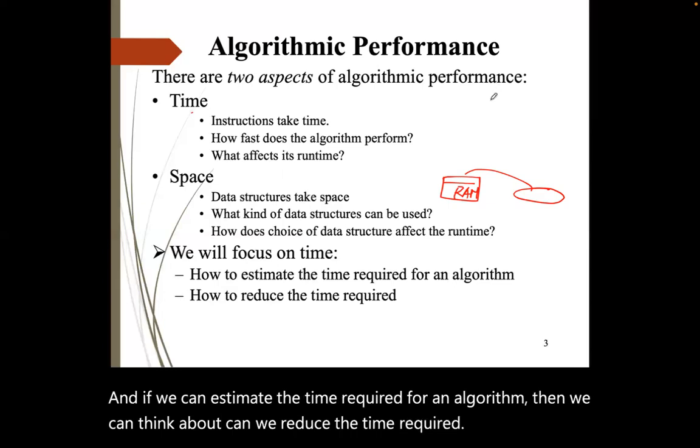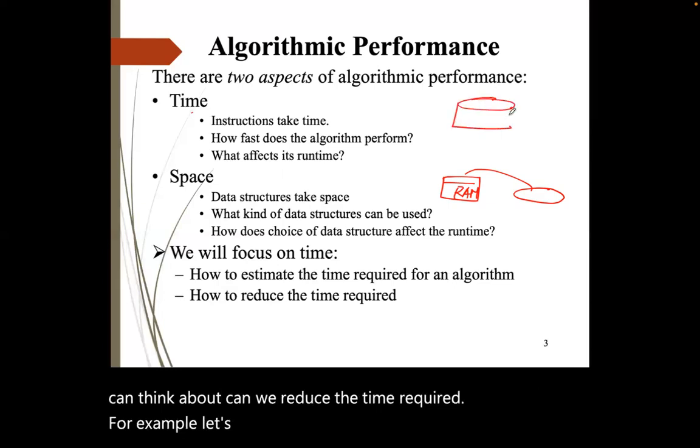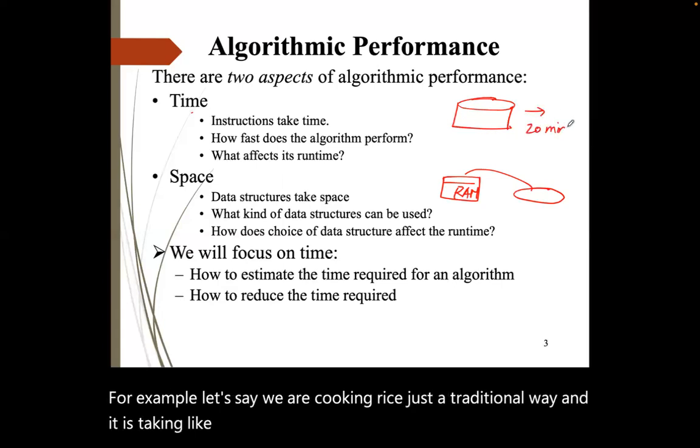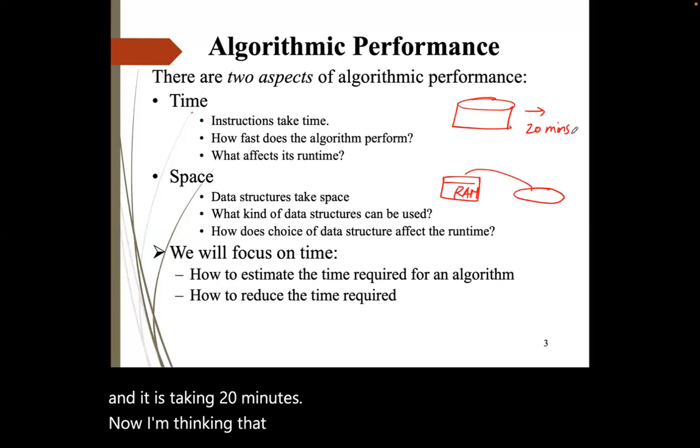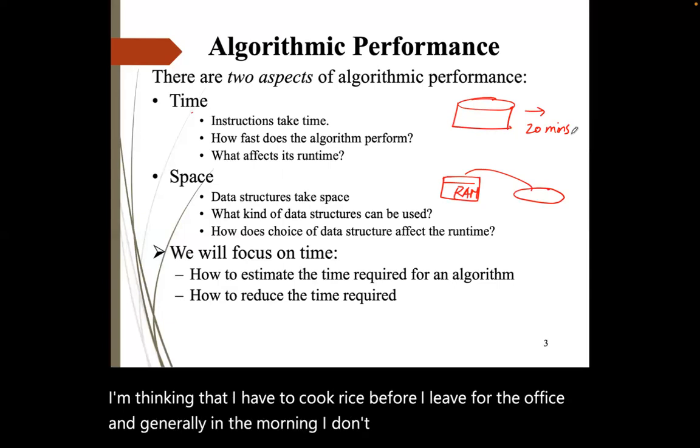For example, let's say we are cooking rice the traditional way, and it takes about 20 minutes. I have to cook rice before I leave for the office, and generally in the morning I don't get that amount of time.